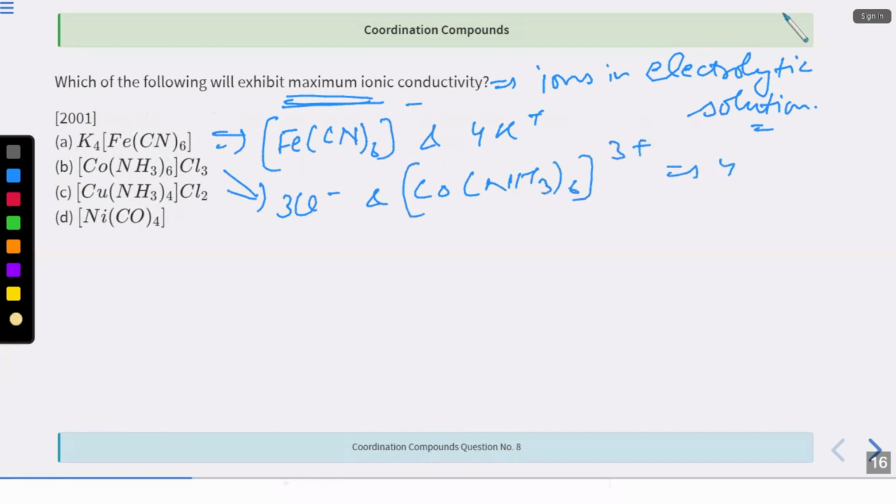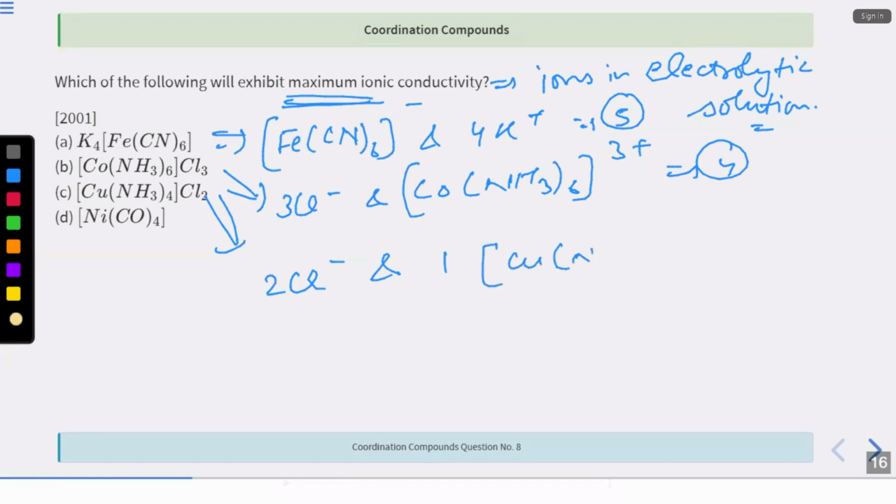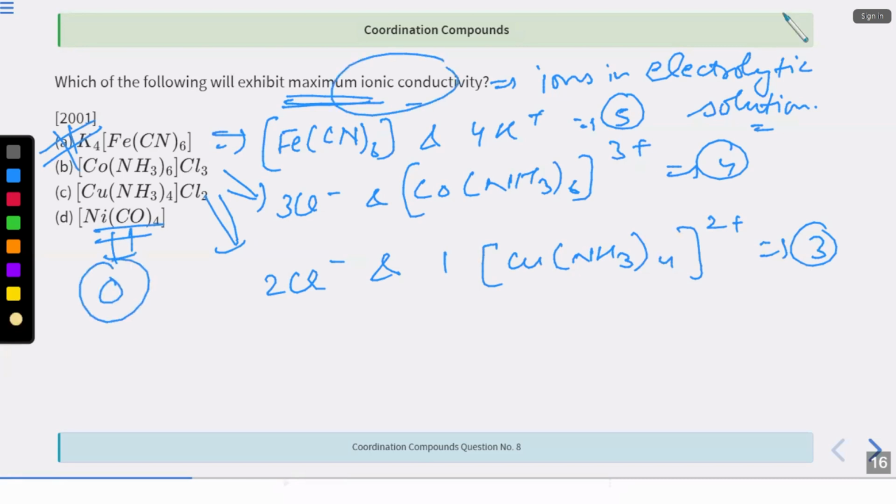So 4 ions, here 5 ions, and here it would be 2Cl- and 1 [Cu(NH3)4]2+. So 3 ions. So the maximum number of ions is for case A, so A is my right option. This will not dissociate, so it has 0 ions. Maximum ionic conductivity would be exhibited by maximum ions, and maximum ions are in the case of K4[Fe(CN)6]. So this is my right option to this question.